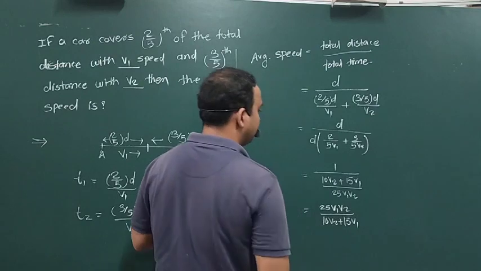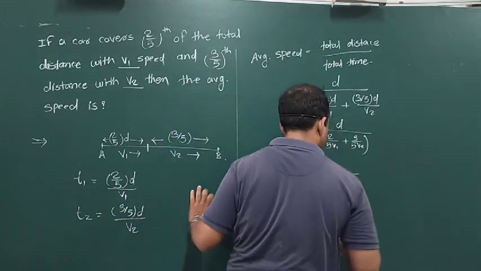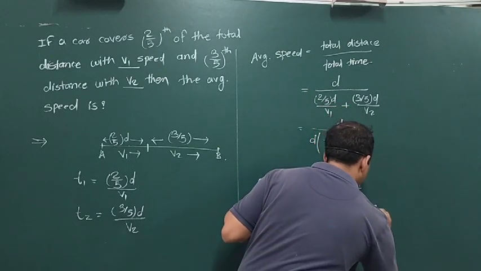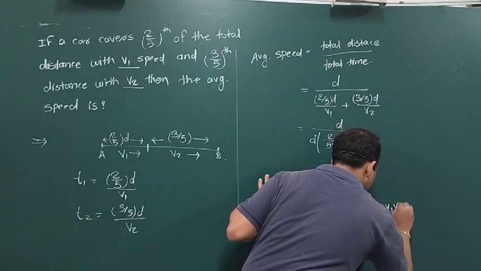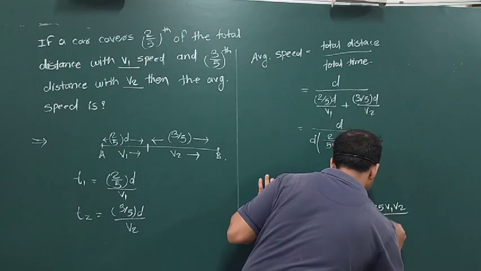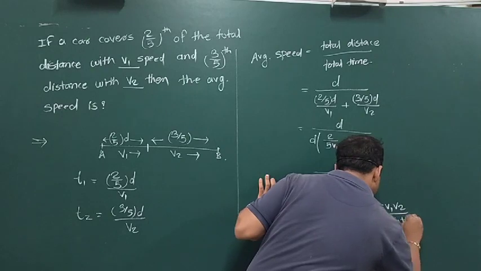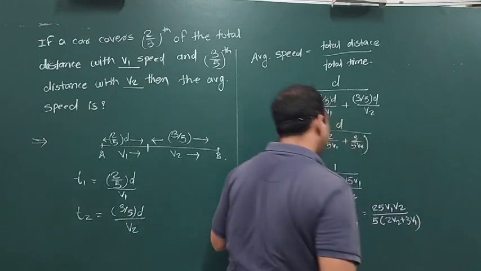So we can take 5 common, so we get 25 v1 v2 divided by 5 into 2 v2 plus 3 v1.